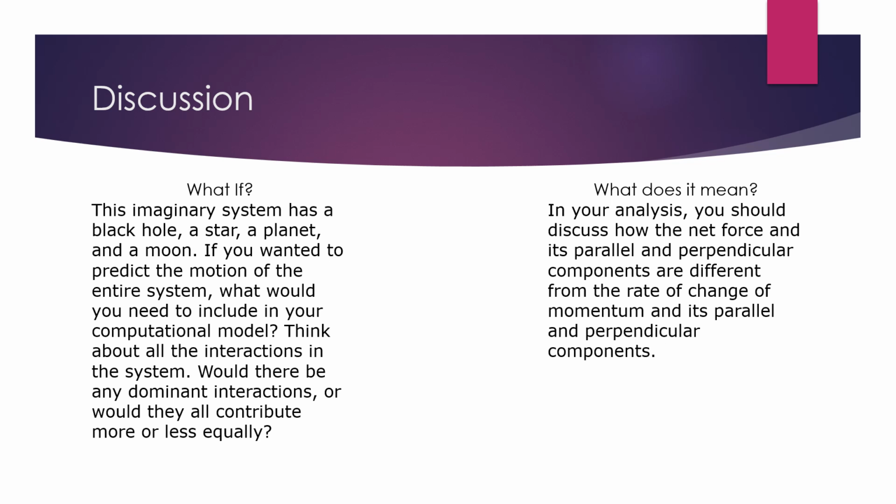The dominant interaction would probably be the black hole, as that will still be like the center of mass that everything orbits around, potentially. However, its distance from others could make it so it's not as perceived.